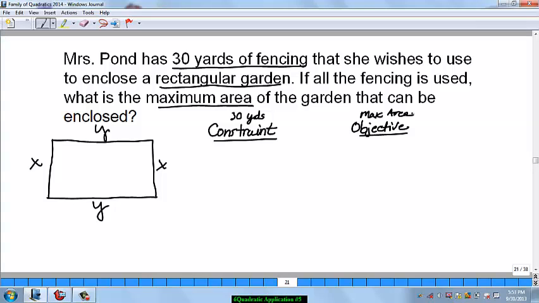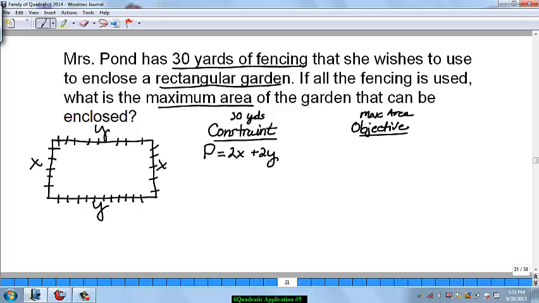Now, if I'm doing 30 yards of fencing, when I fence it, I'm going to be fencing it all the way around. And we call that perimeter. So if I were going to do a formula for perimeter, or fencing if you will, we could call that P or F, you'll notice that I'm going to go all the way around. So I'm going to say, well, that's 2x's plus 2y's.